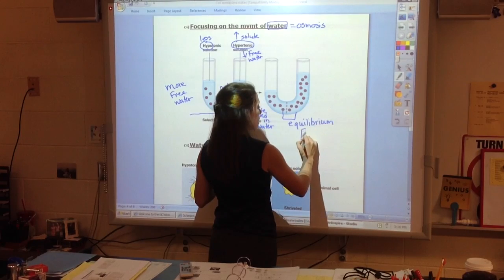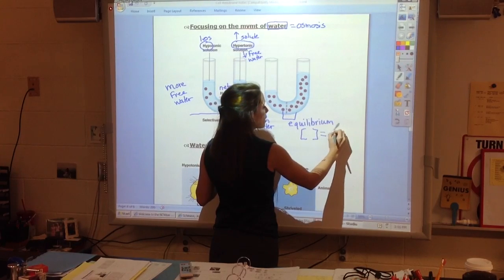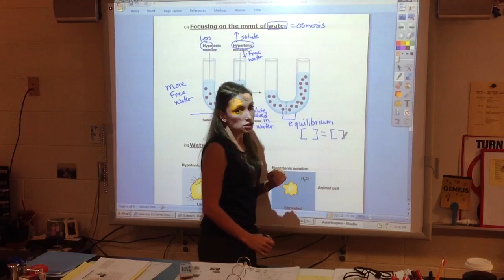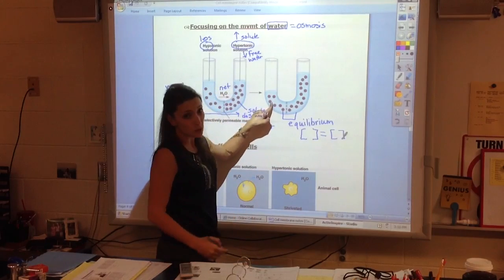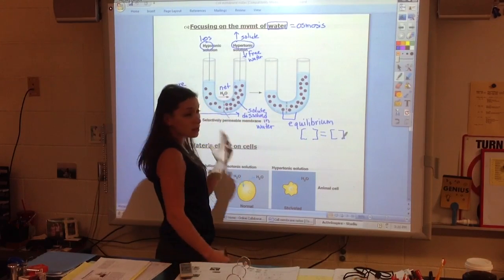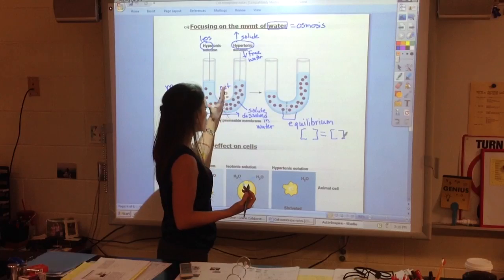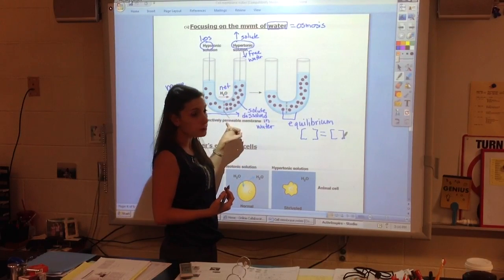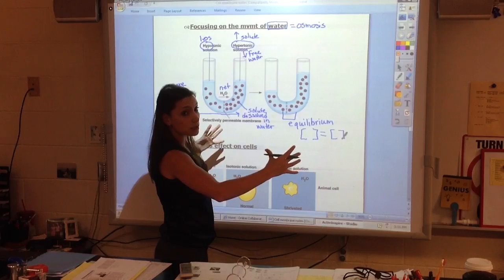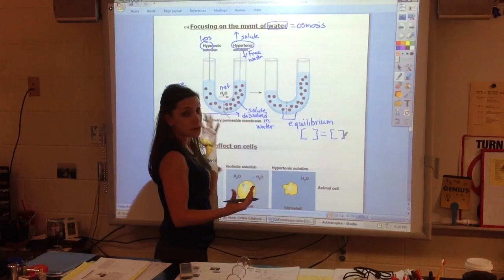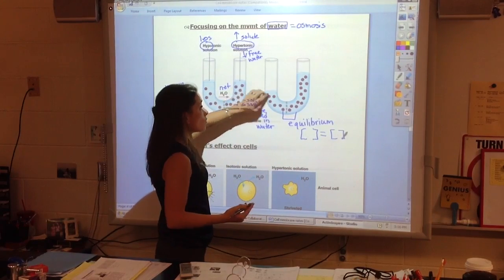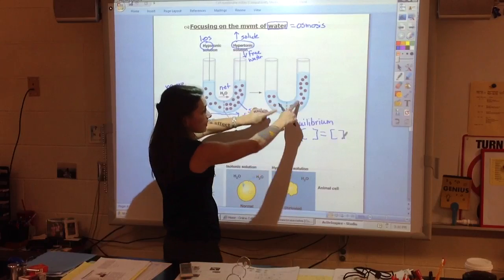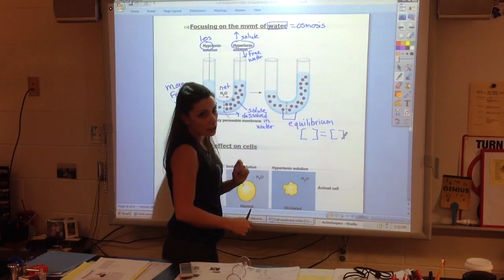Once we reach equilibrium, this is when the concentration is equal on both sides. So you'll notice the solute didn't move. The solute, maybe it was salt, maybe it was sugar. The solute was not able to pass this selectively permeable membrane. So because the solute couldn't spread out, the water did. And what we have is not the same amount of solute on each side.